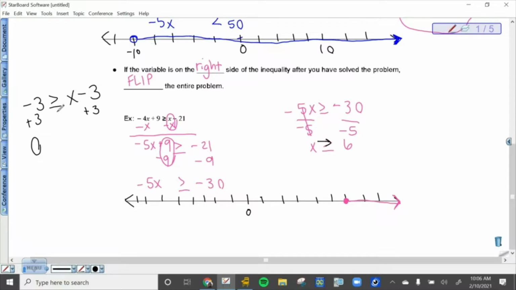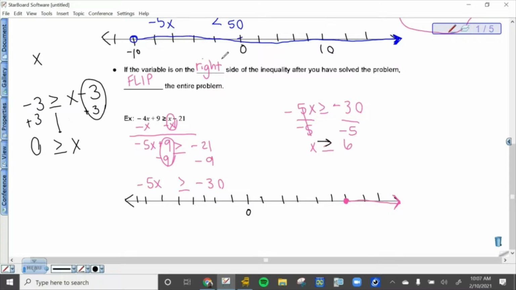And then I pull this right down. So I saw a lot of you, with this negative 3 plus 3, that cancels out, right? So I saw a lot of you write the x first. But we need to keep everything in order from left to right. So just pull this right down. So 0 is greater than or equal to x.